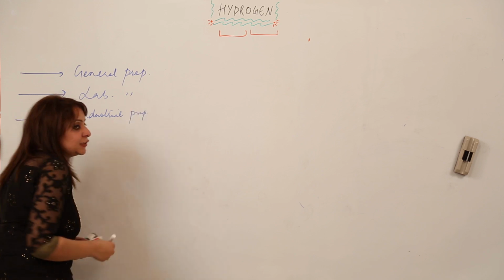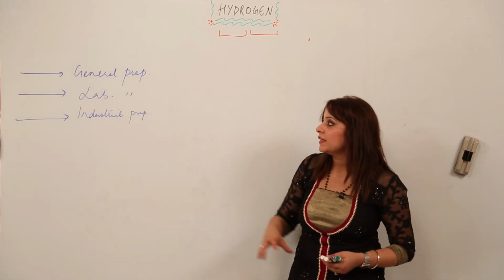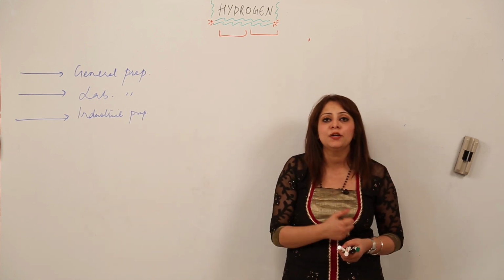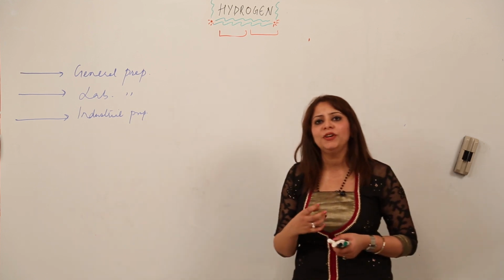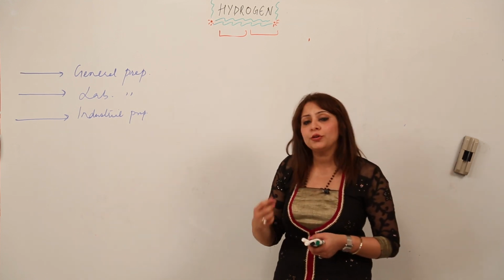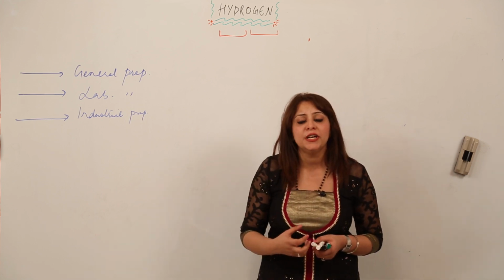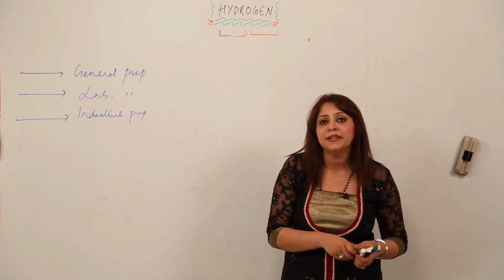By these three different methods we can prepare hydrogen, right. First is the general preparation, meaning the various means by which we can get hydrogen may have certain drawbacks or limitations, so we are not using those general methods, only a few of them. But still we get to have hydrogen in that case.